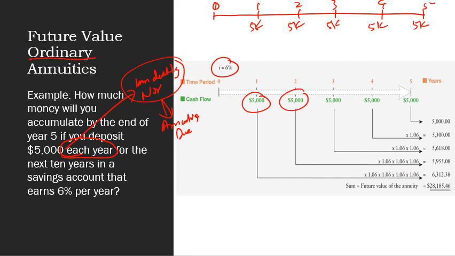So if it is a series of annuity payments, you can settle these problems by using the formula I mentioned before.